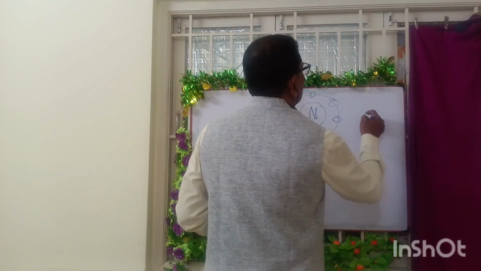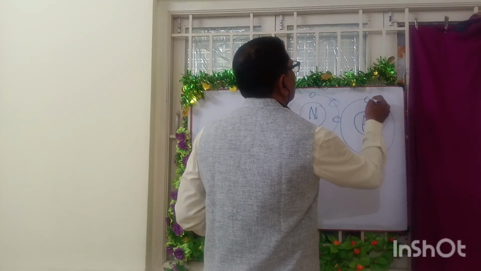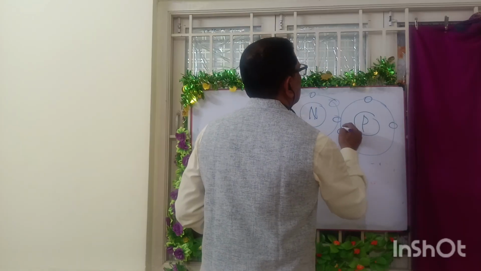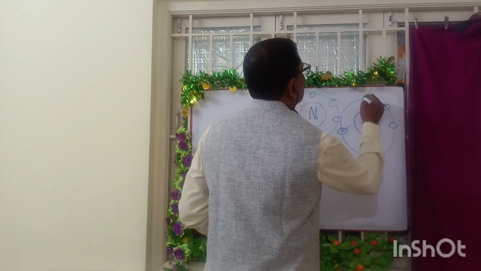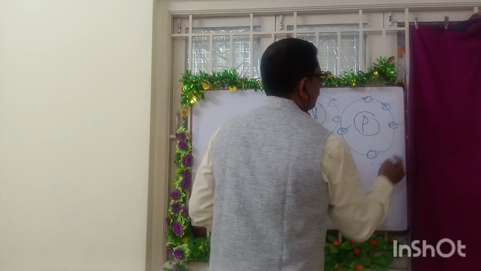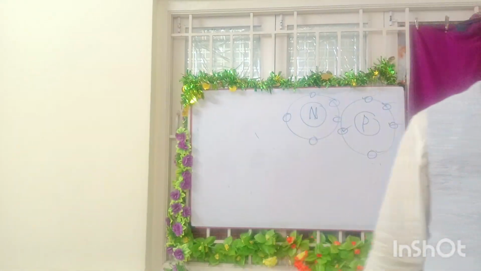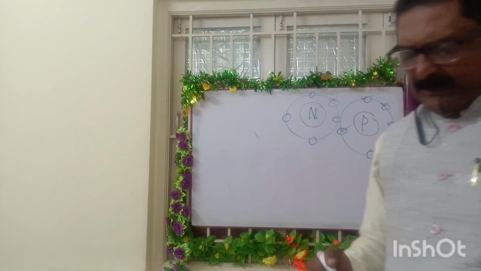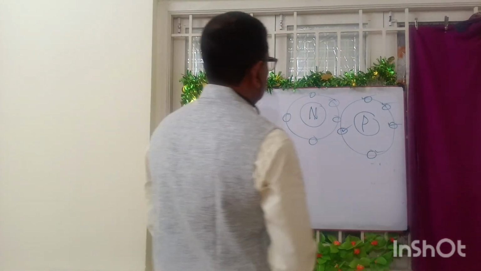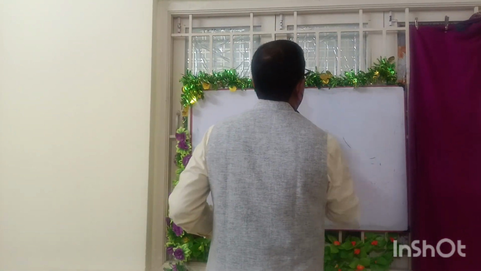Phosphorus also contains 5 electrons in the outermost orbit. 1, 2, 3, 4, 5. So that is why nitrogen, phosphorus, arsenic, antimony and bismuth are placed in the fifth group.